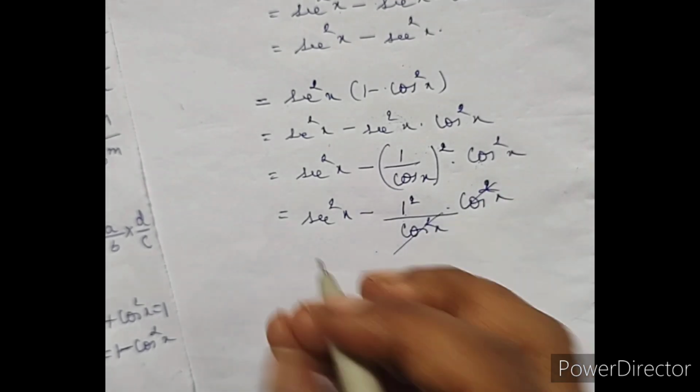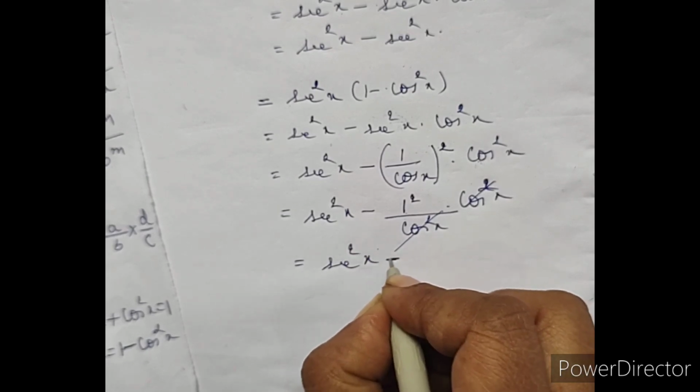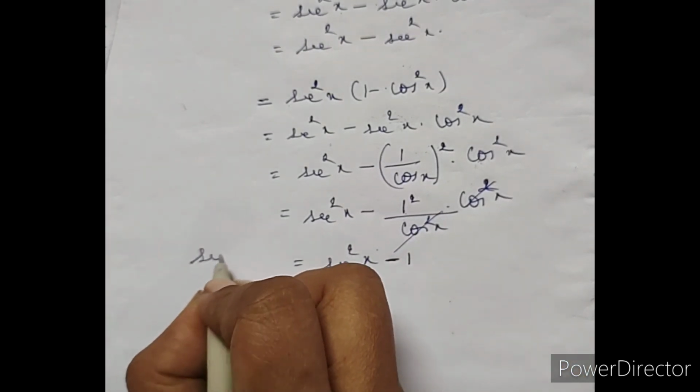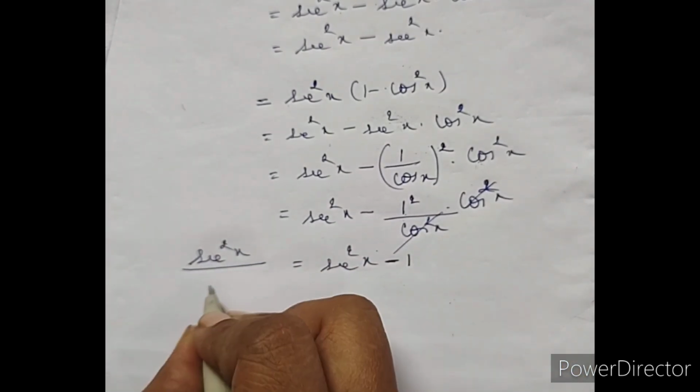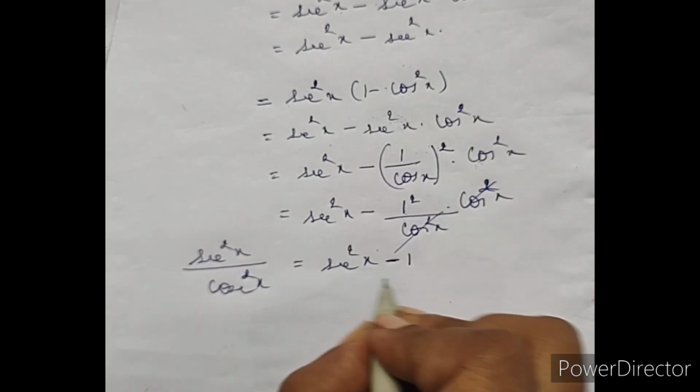So therefore cos square x cancels. We get secant square x minus 1. So therefore secant square x divided by cosecant square x is equal to secant square x minus 1.